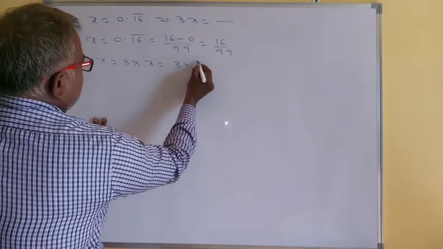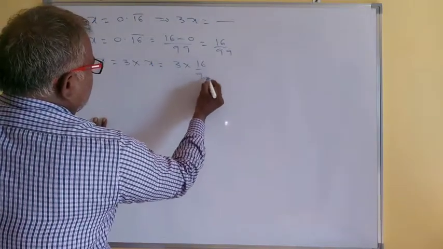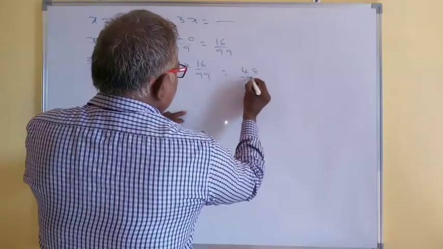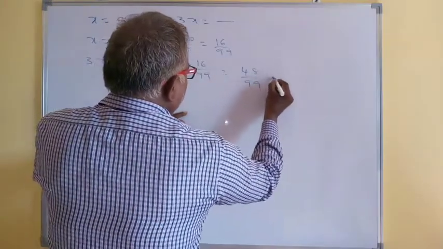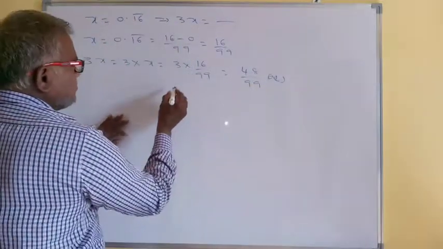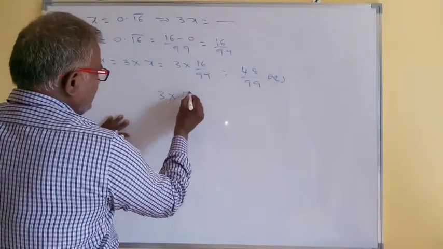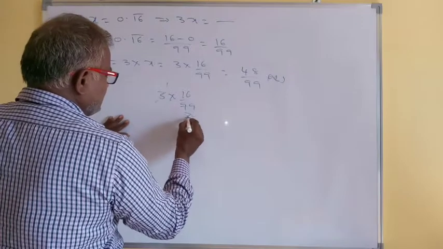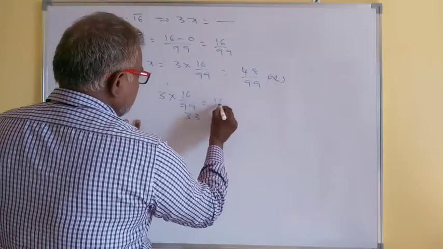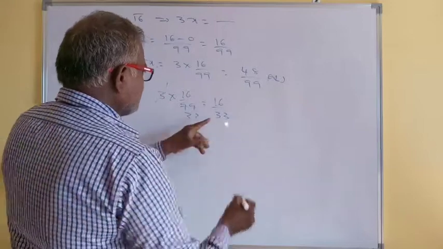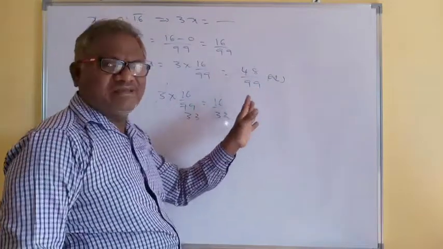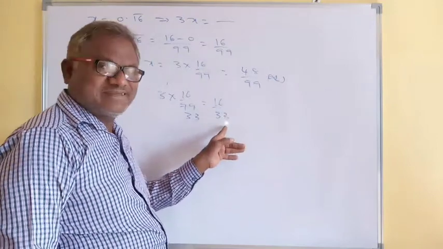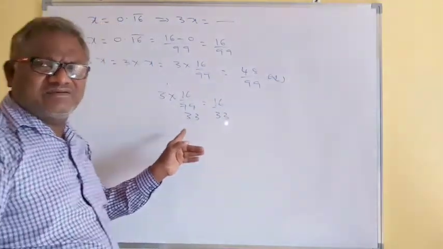That means 3 into 16 by 99. This is nothing but 48 by 99, or if you simplify this one, 3 ones, 3 threes. Sometimes in the options this will be given or this will be given, without simplification or with simplification. Okay, this is the way to do.